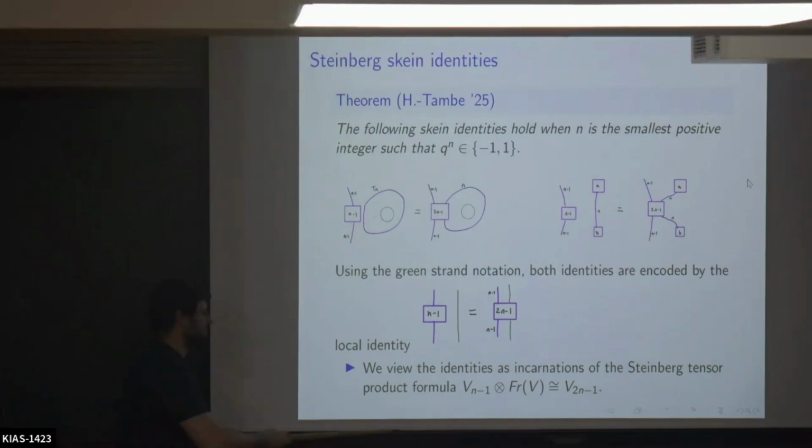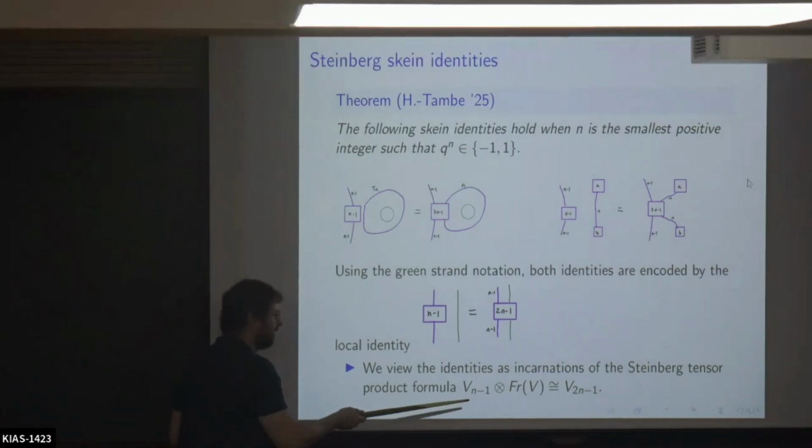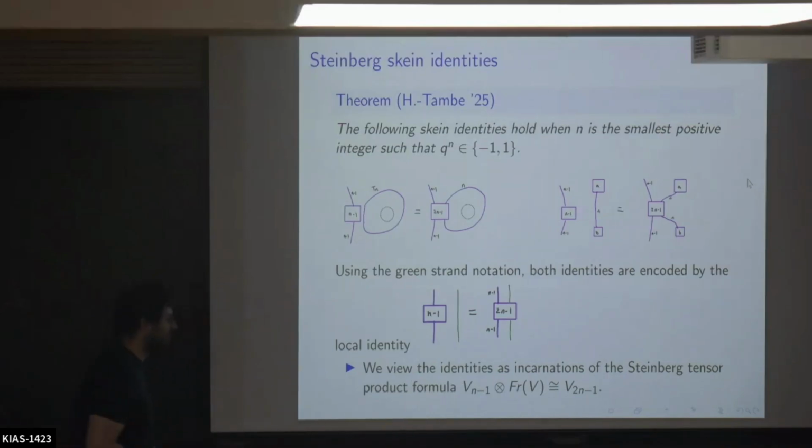But there should be some connection. These are clearly different versions of the same identity, so in the future we should be able to connect them more precisely, other than just saying they look alike.